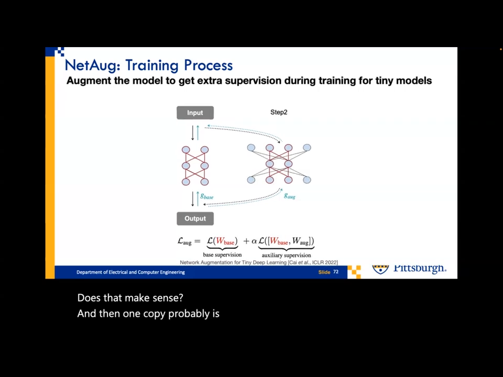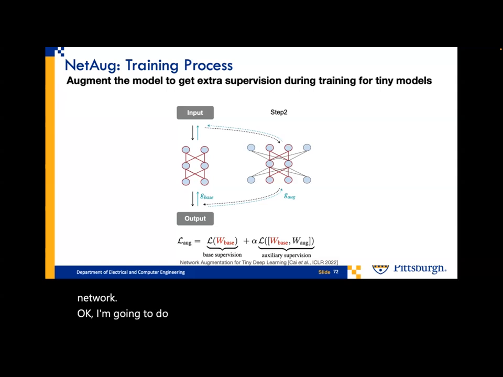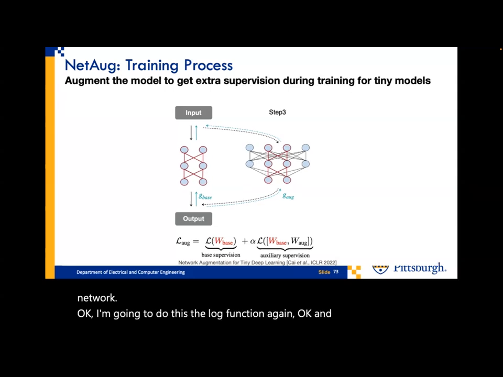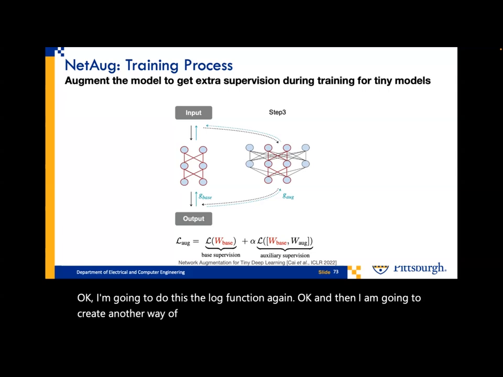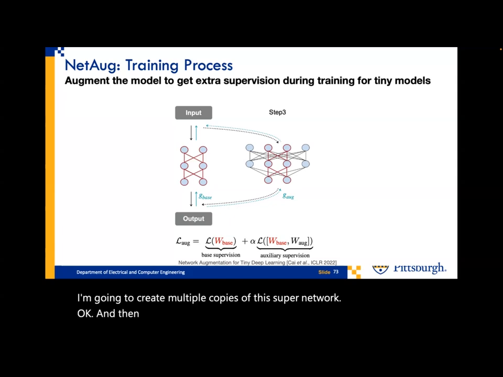I'm going to create another way of augmentation, another copy of this augmented network, and do this for the loss function again. Essentially, based on myself, I'm going to create multiple copies of this super network, and then I'm using all those super networks to teach myself. And that actually improves the accuracy of myself.